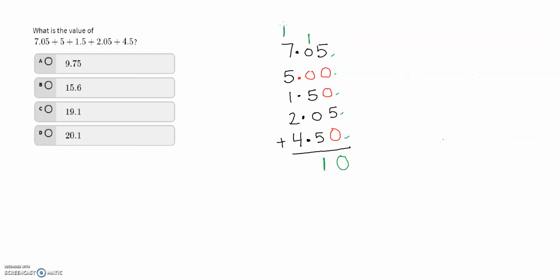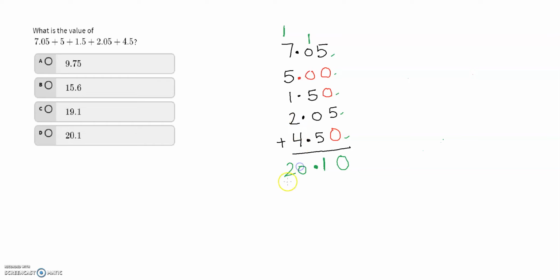Now I have the decimal point, which I'm going to write first. Then I will add the numbers to the left side of the decimal point. 7 plus 1 is 8. 8 plus 5 will give me 13. 13 plus 1 will give me 14. 14 plus 2 will give me 16. 16 plus 4 will give me 20.